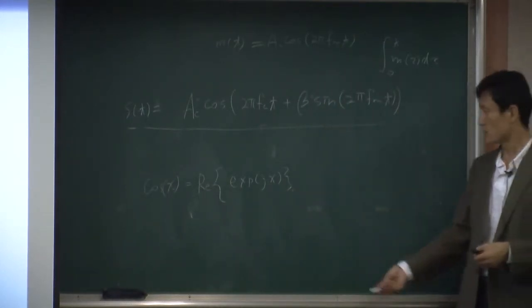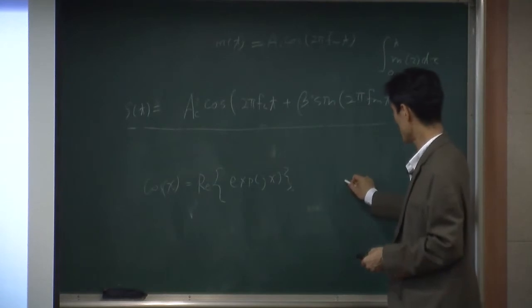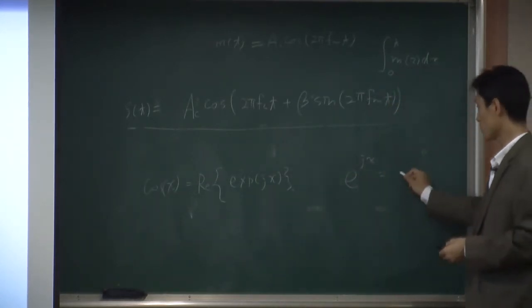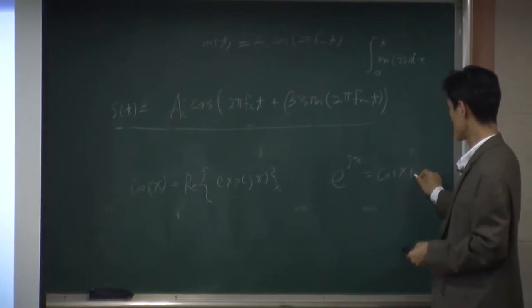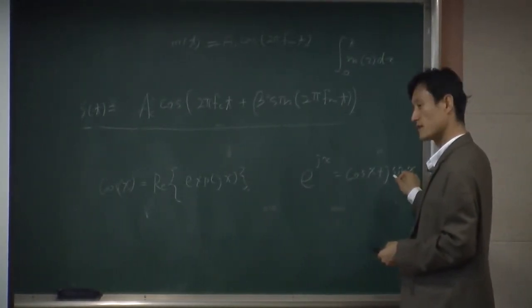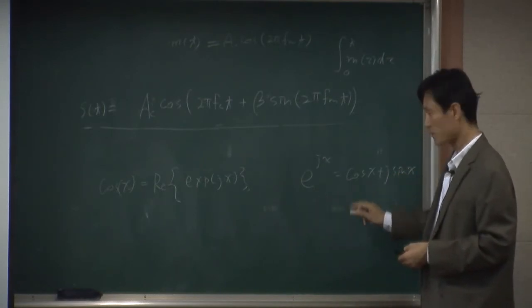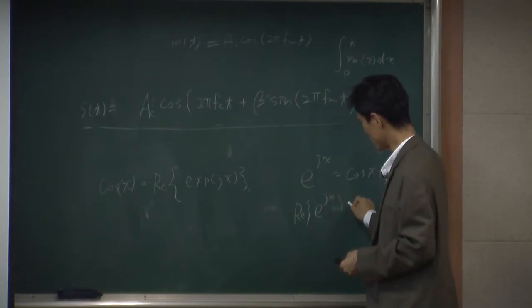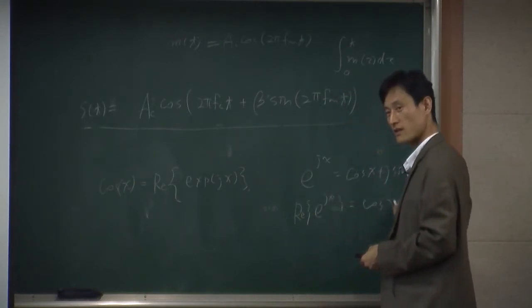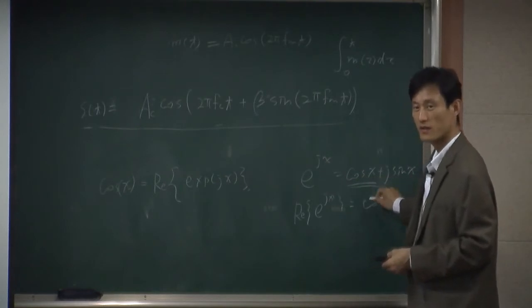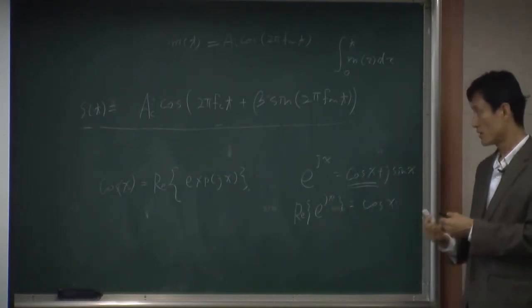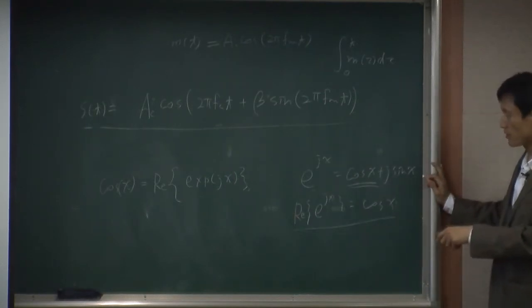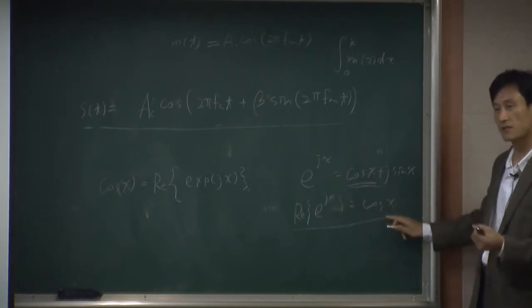So what is exponential jx? Exponential jx is cosine x plus j sine x. But if we take the real part of exponential jx, what is that? It's just cosine, because this is the real component. I'm just bringing the real component. So the real component of exponential jx is simply cosine.